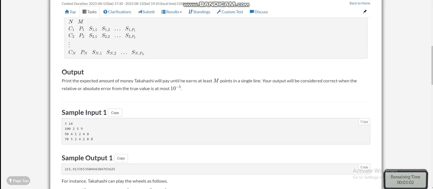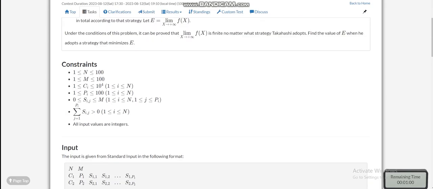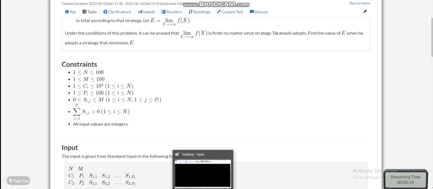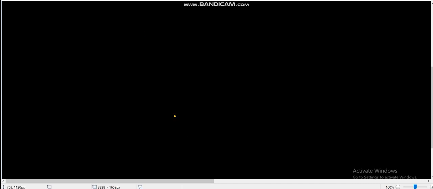The first thing to observe is that the constraints on N and M are quite small. You can think of solutions of order N times M, or N squared times M. Initially, let's say the number of points is 0 and you want to make this value M, so you want to make a journey from 0 to M. What I am doing here is taking the reverse way, going from M to 0.